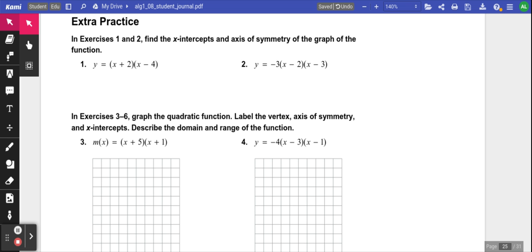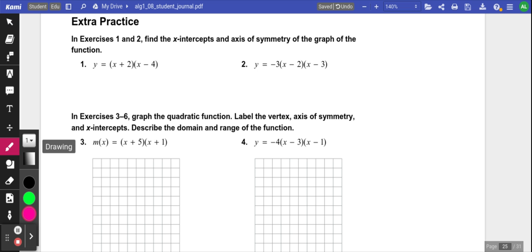All right. So the x-intercepts and axis of symmetry of this graph. So let's look over here at number 2. Okay. X-intercepts are just going to be P and Q. Okay, so P negative 2 changes to positive 2. Negative 3 changes to positive 3.